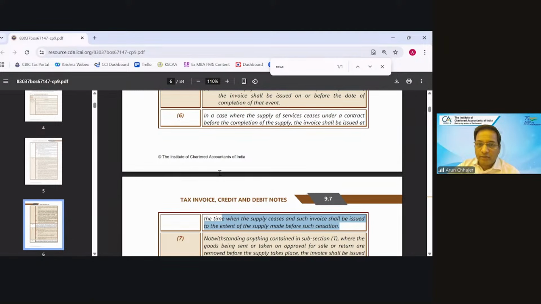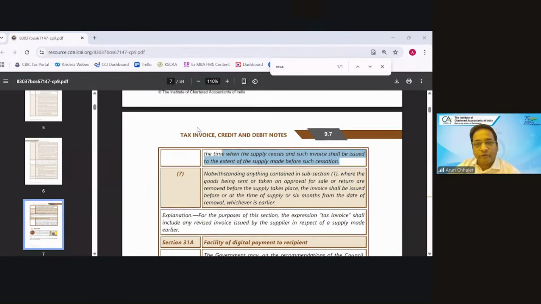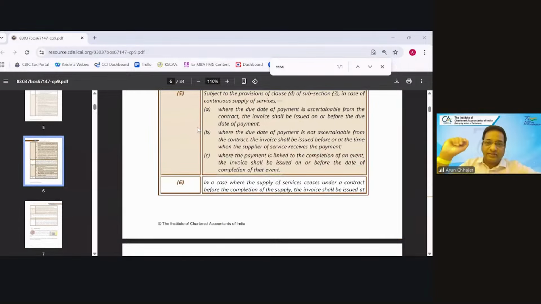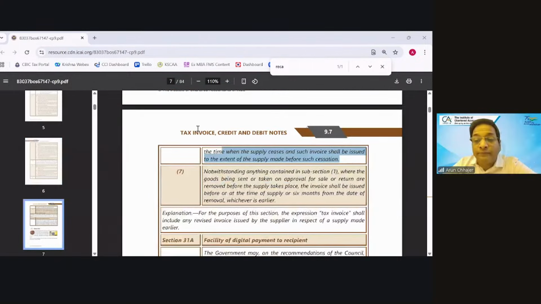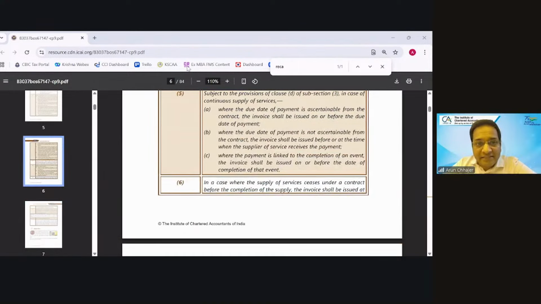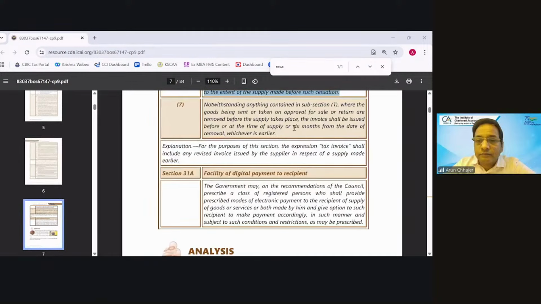Sales of goods on approval. What is the time limit to issue the tax invoice? If I am supplying the goods on approval, if I'm sending the goods, that is sales on approval. Once my customer accepts, then I will issue the tax invoice. What is the time limit? It is 6 months.